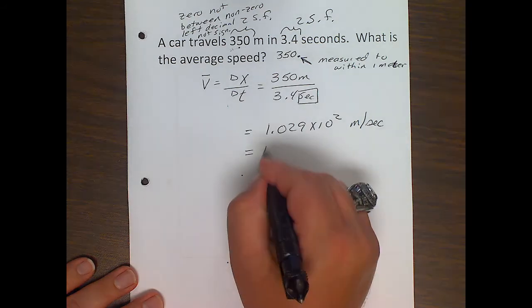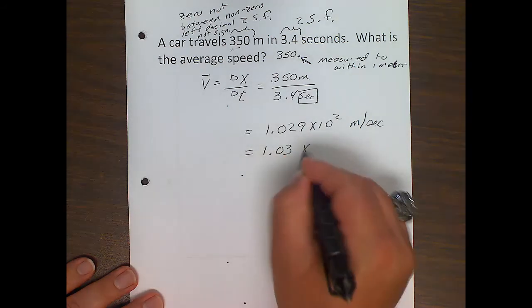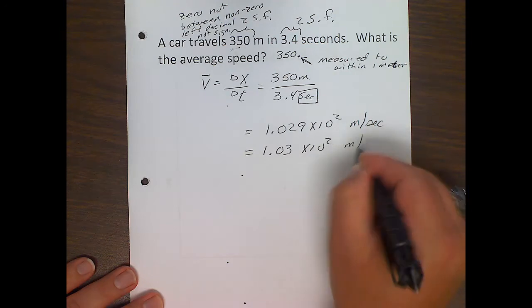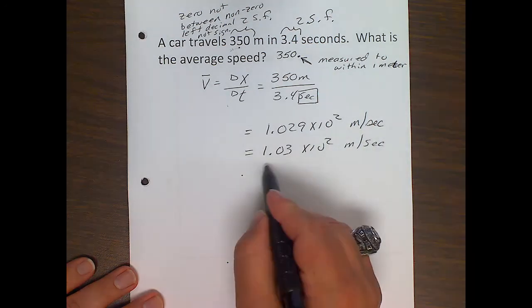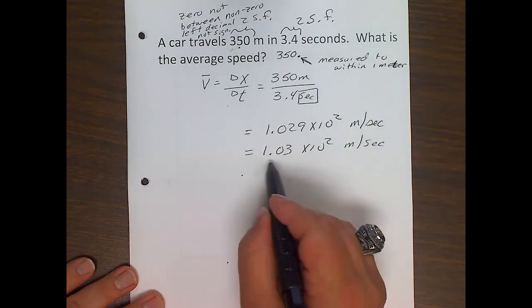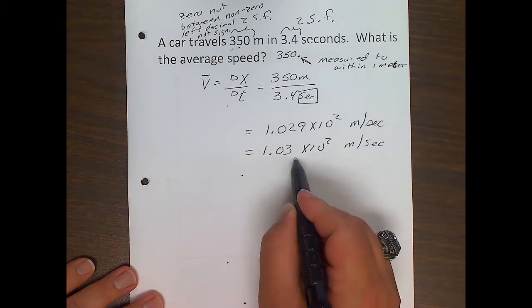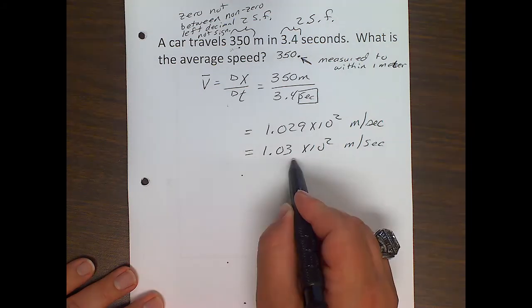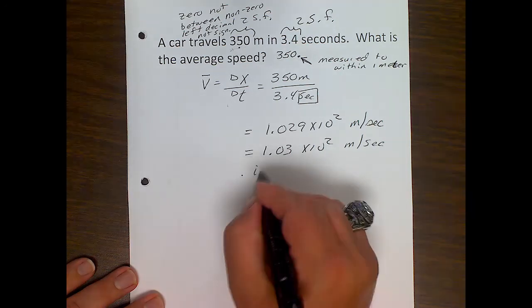So that means I have 1.03 times 10 to the second meters per second. Another advantage to using scientific notation is, in proper scientific notation, every digit is significant. Well, wait a minute.